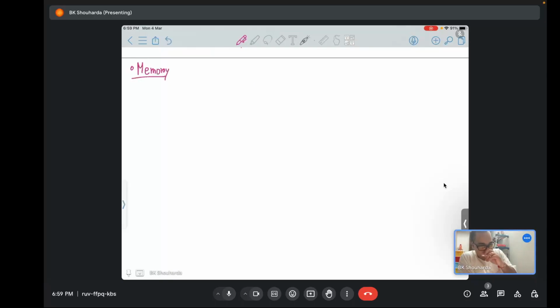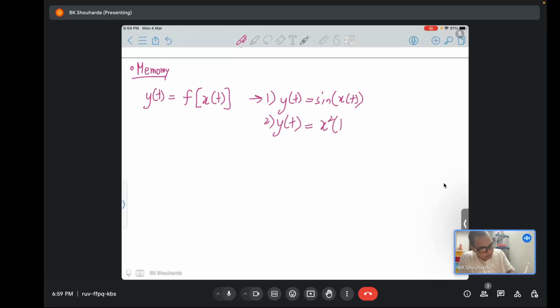So what does this mean? If y of t depends only and only on x of t, that is, a function of x of t only, what are the examples? y of t is sine of x of t, y of t is x square of t plus 3, y of t is 1 plus 1 upon exponential of minus x cube of t.